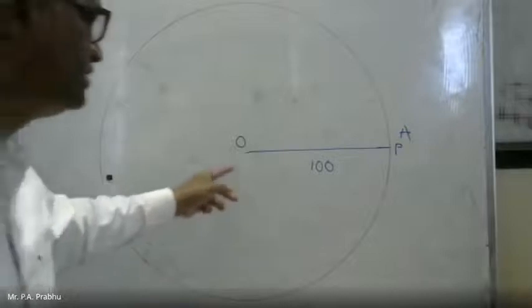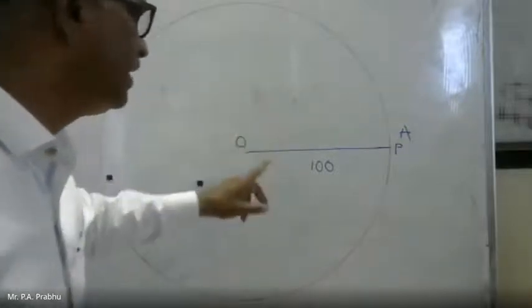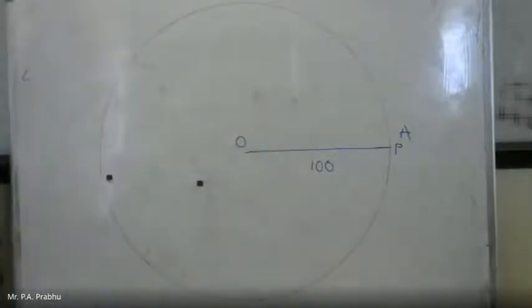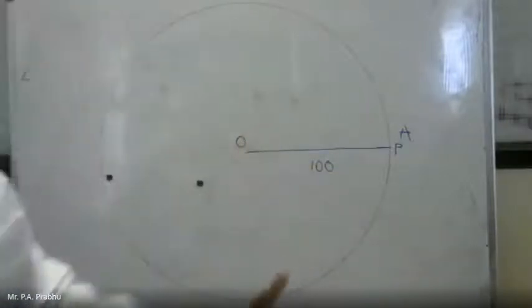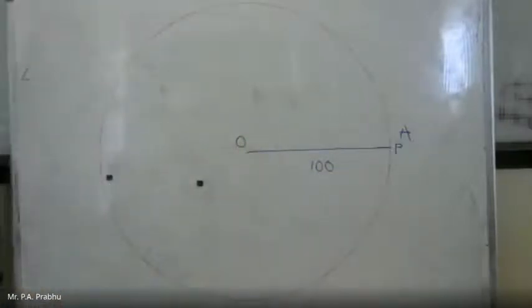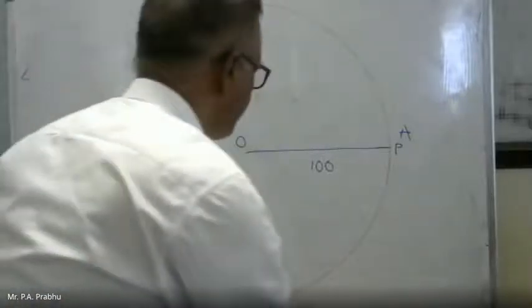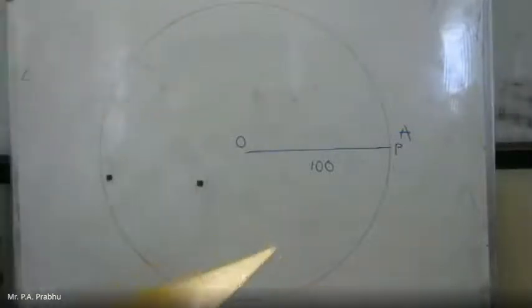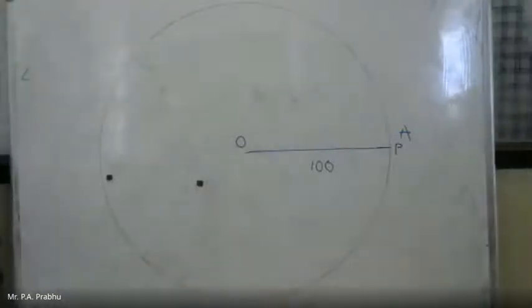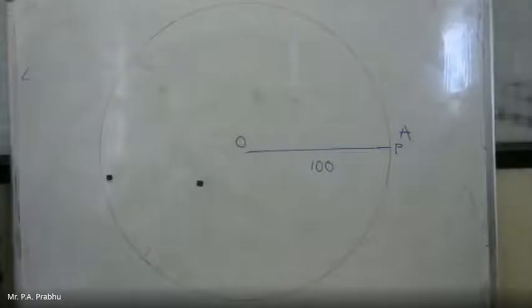Divide 360 degrees into 12 parts and divide this 100 mm also into 12 parts with our simple graphical method.